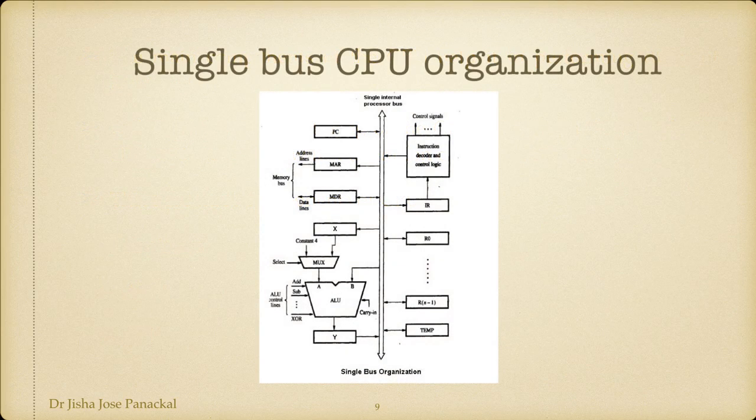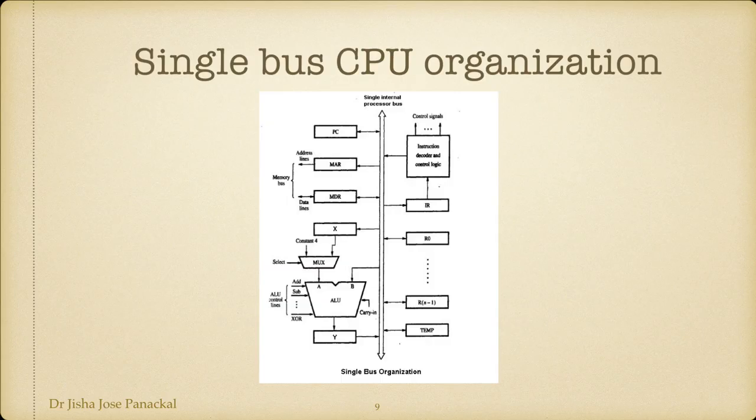Now we will see the block diagram of a CPU organization. This figure represents a single bus organization. There are multiple bus organizations, but it looks more complex. So you have to study this figure. After studying all the functionalities regarding the components of CPU, you can understand this figure very well. But you have to practice to draw this figure.